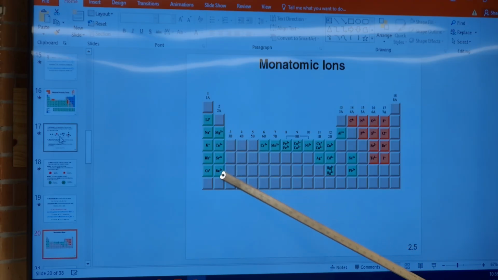How many electrons lost? 2. Group 2A loses 2 electrons during the reaction, so plus 2 charge. Right? If we take a look at this right side, group 7A, they tend to form negative 1 charge. This means they tend to gain 1 extra electron. Group 6A, gain 2 extra electrons, negative 2 charge.